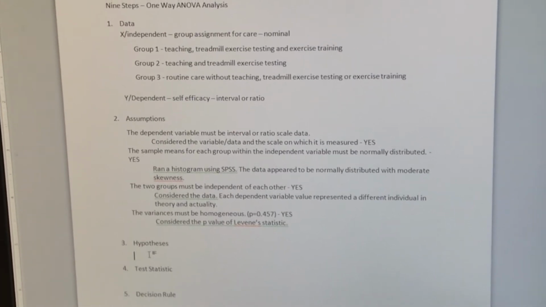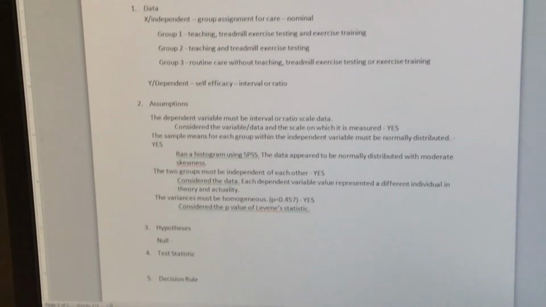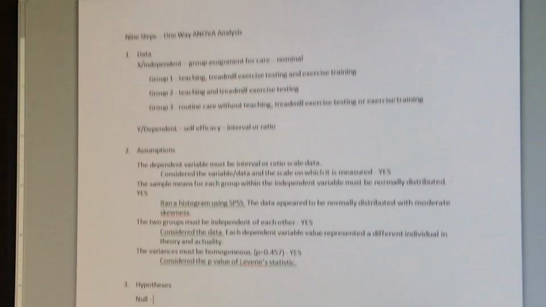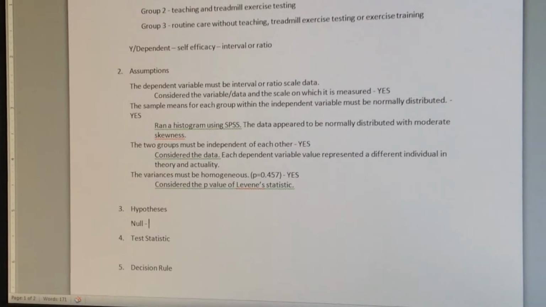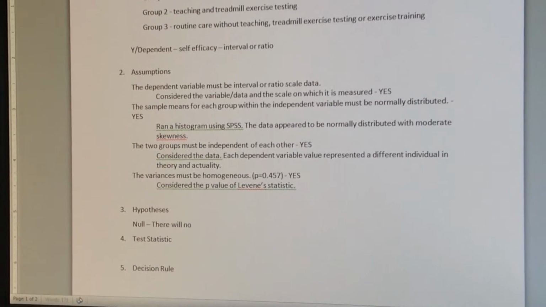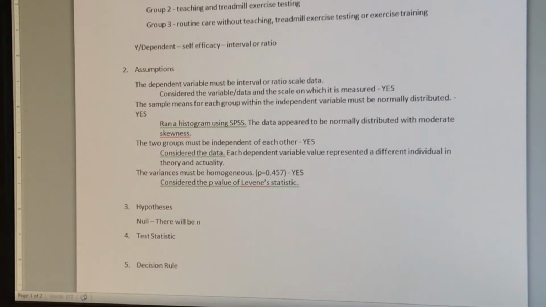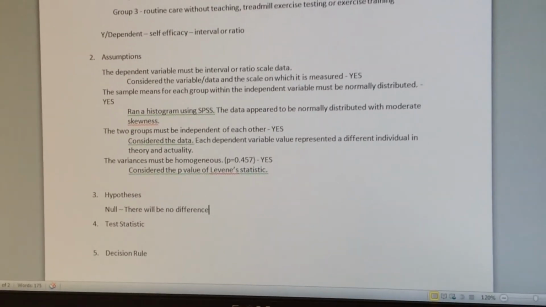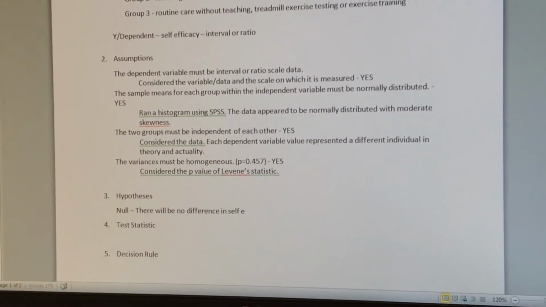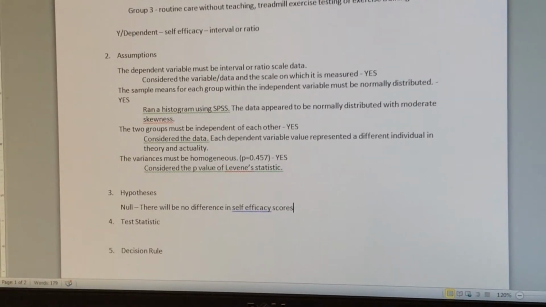Now we're ready to do our hypothesis. Remember, we have a null hypothesis, which statistically, this is what we're testing. And our null hypothesis typically has a no or a negative connotation. There will be no difference. Remember, difference is either a t-test or ANOVA. And self-efficacy scores.